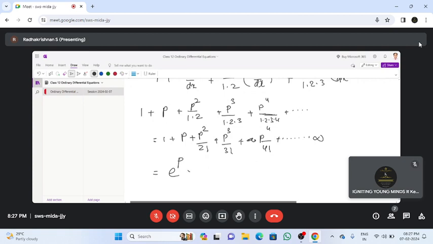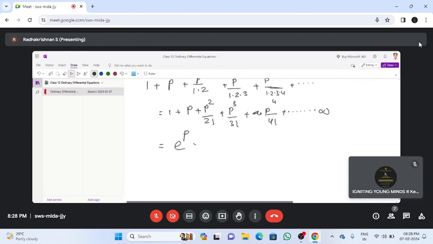Okay, so this is same as e to the power of p. This is same as a series, not the binomial expression, but another special series.